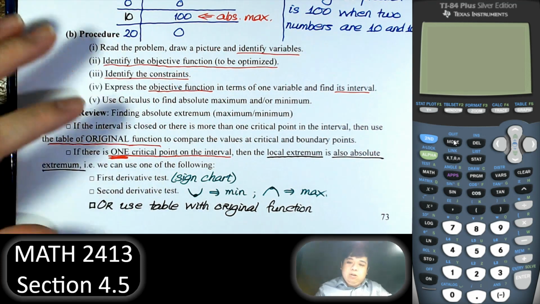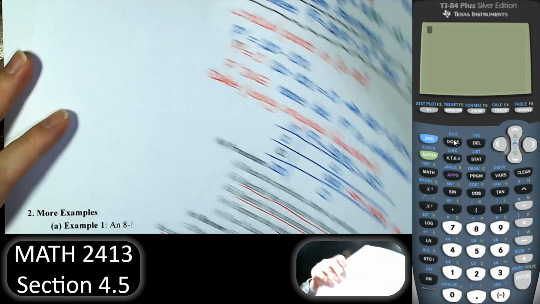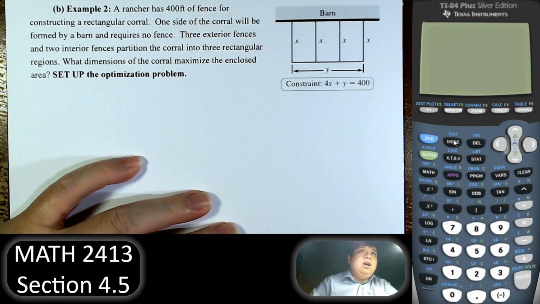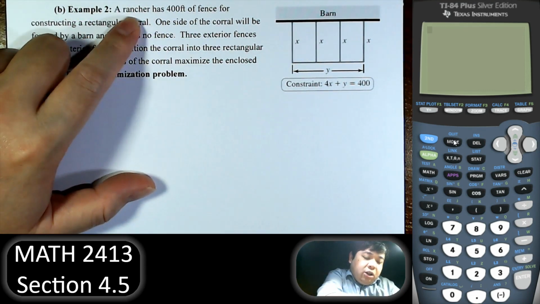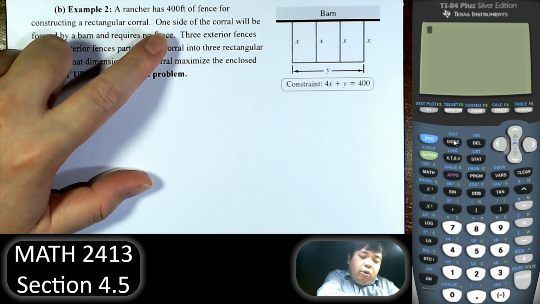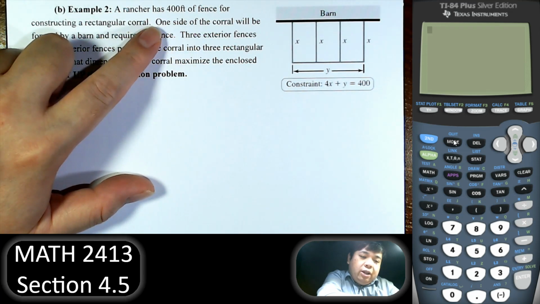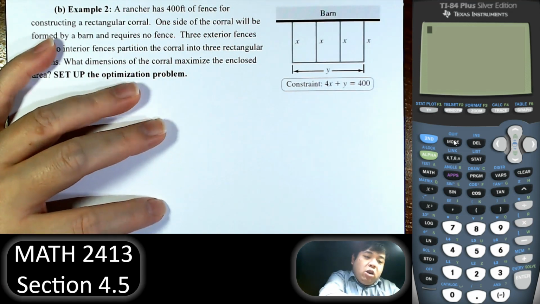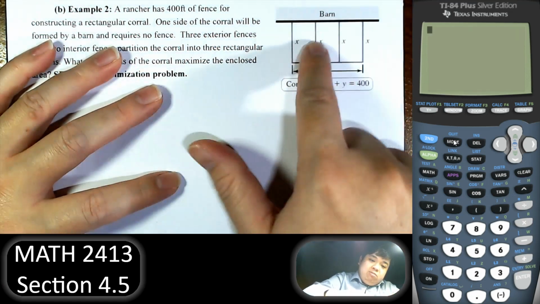Right, let's take a look at another example. Now, a ranger has 400 feet of fence for constructing a rectangular ground. So it looks like this.